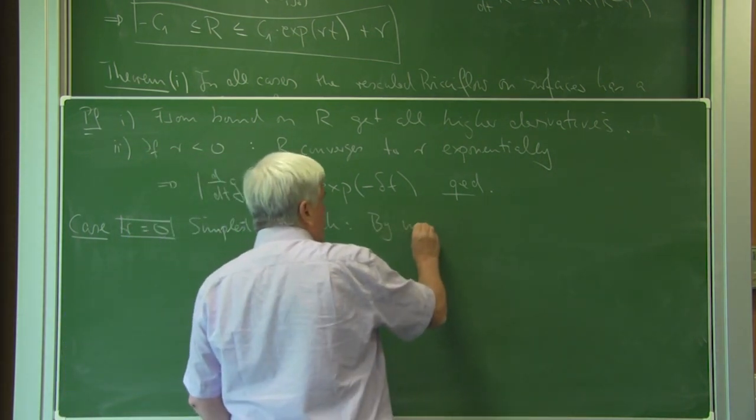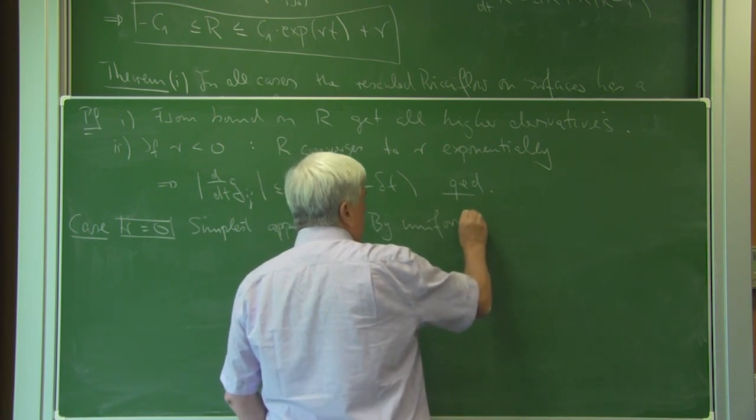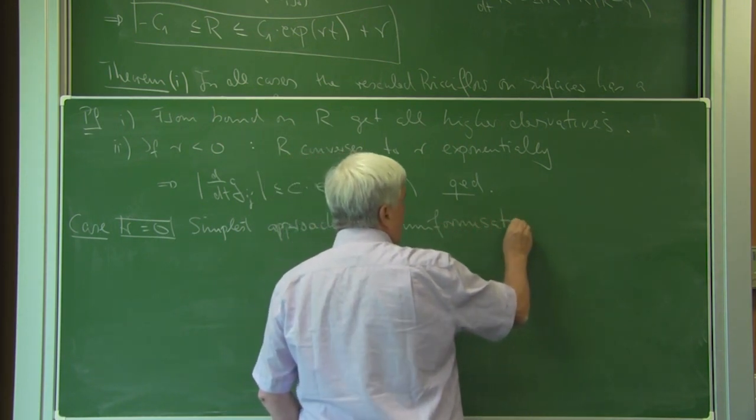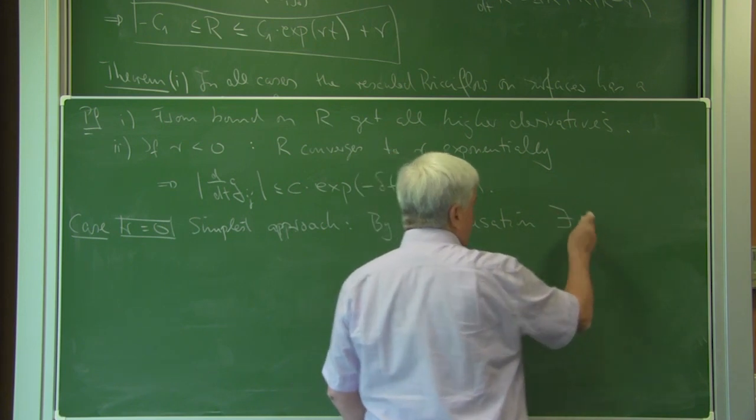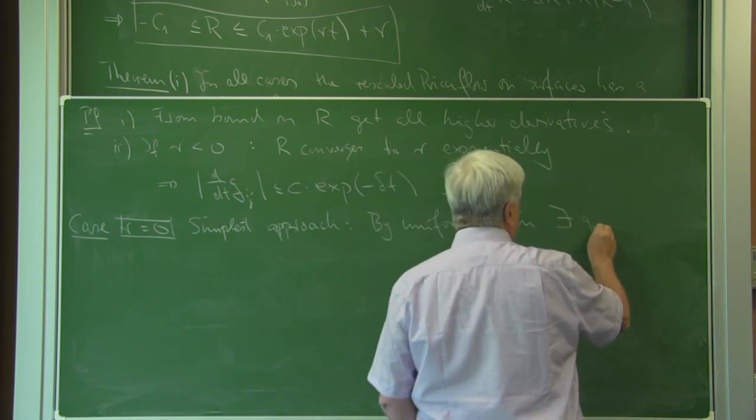By uniformization, there exists some background metric G0.